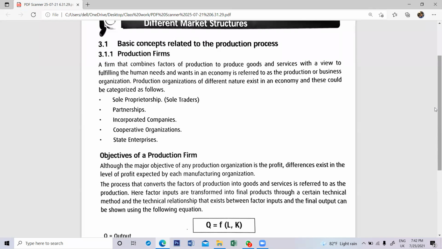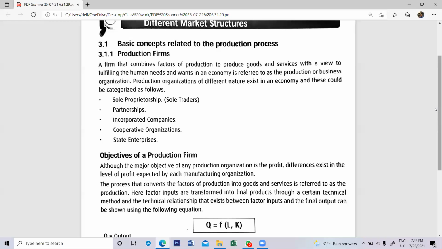Sometimes there are businesses, there are distributors. They just purchase goods from a wholesaler and redistribute to a consumer, a sort of intermediary. But in this topic, we learn producing or production firms.